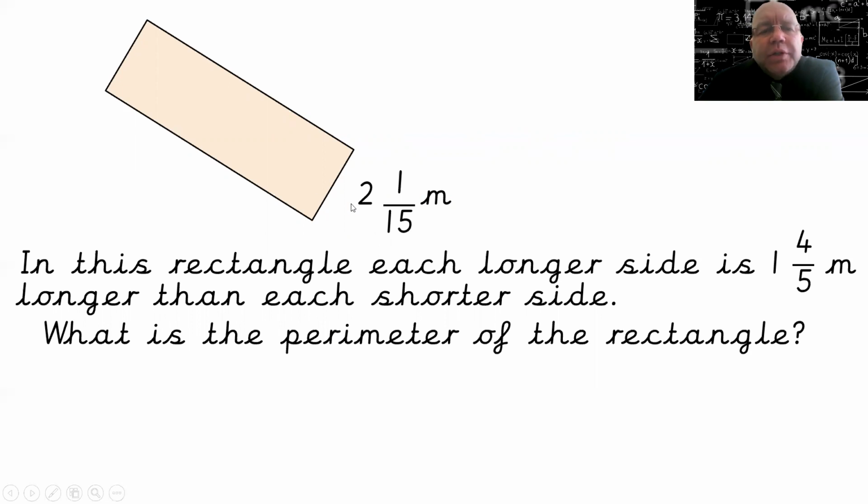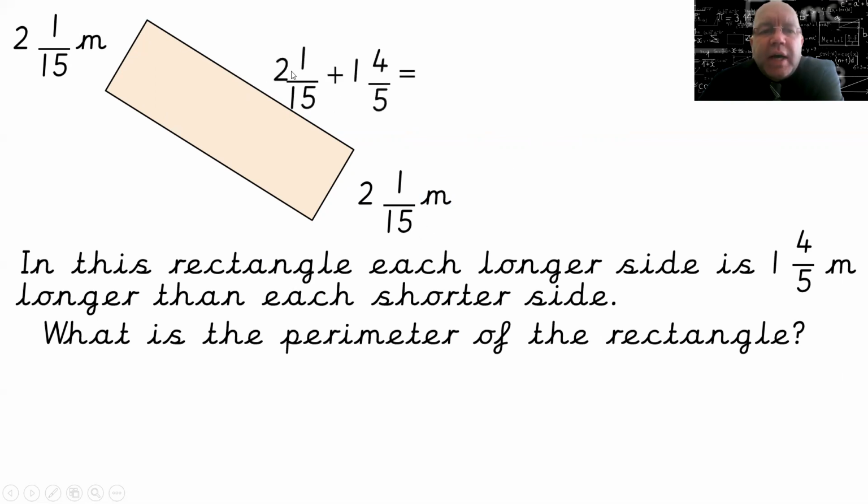So we know that to find a perimeter of a rectangle, we need to know the length of all the sides. We know that this short side is 2 and 1/15 of a meter, which means the other end is 2 and 1/15 of a meter. We also know that the longer sides are 1 and 4/5 of a meter longer than the short sides.